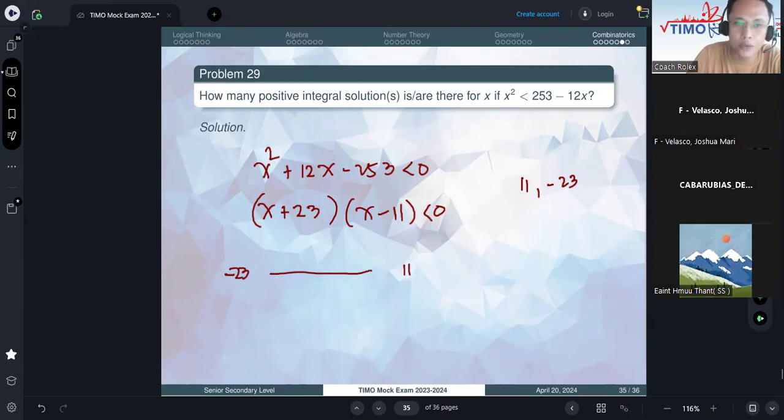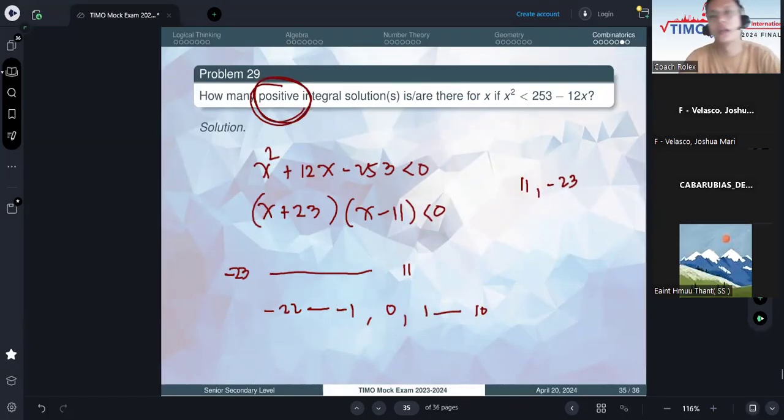So excluding negative 23 and 11, we have negative 22 up to negative 1, 0, and 1 to 10. So therefore, we only have 10 because, again, it states that positive integral solutions for this.